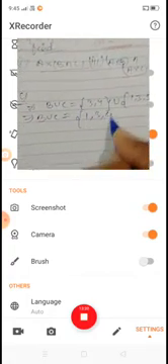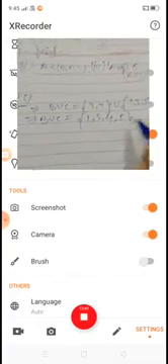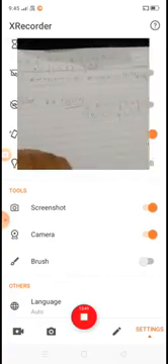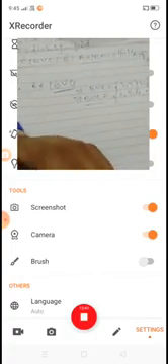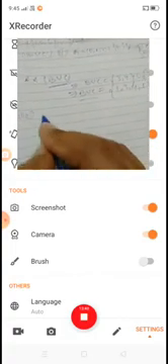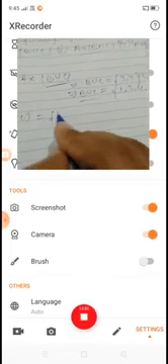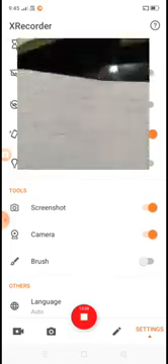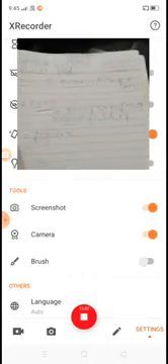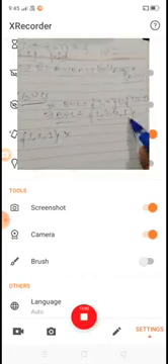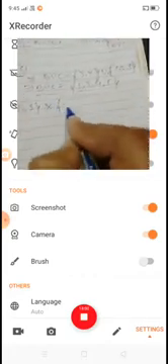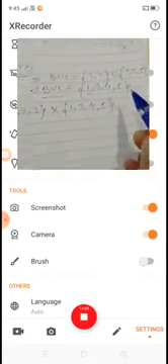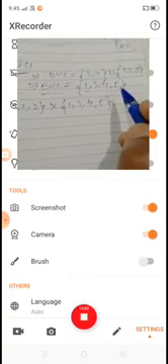This is B union C. Now we find A cross (B union C). That is, the set A is {1, 2, 3} cross B union C, and the value of B union C is {1, 3, 4, 5}.